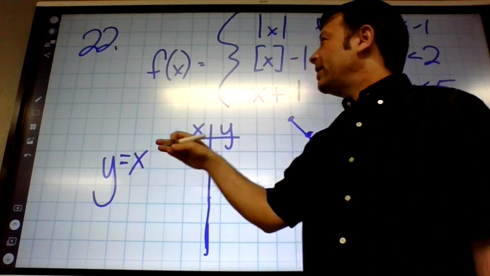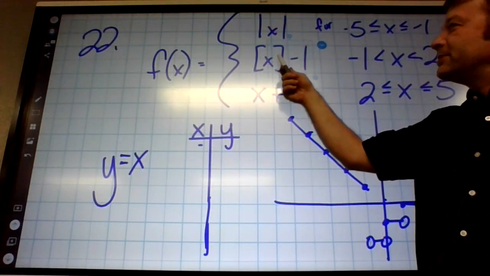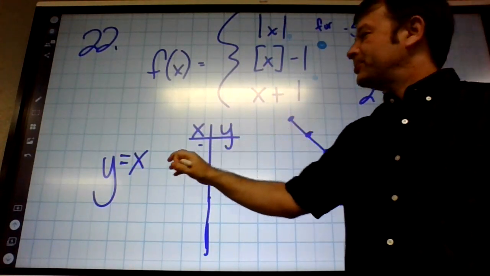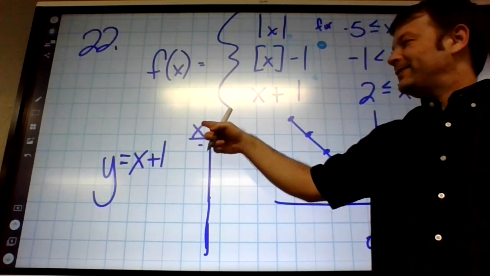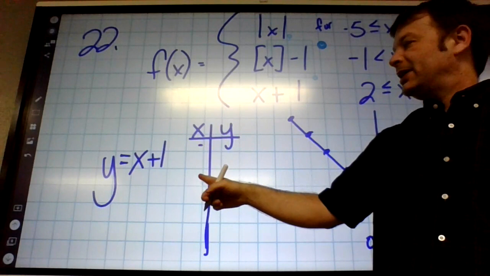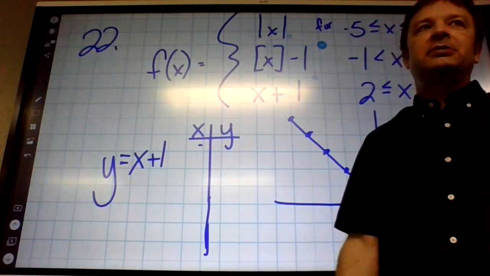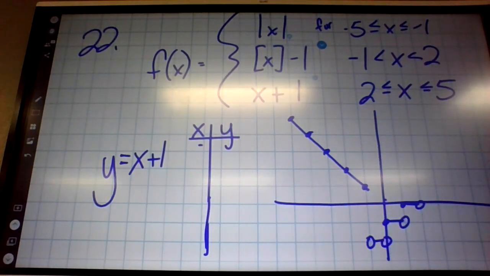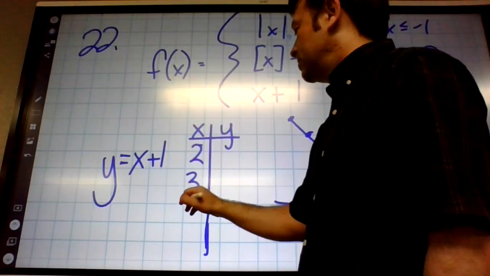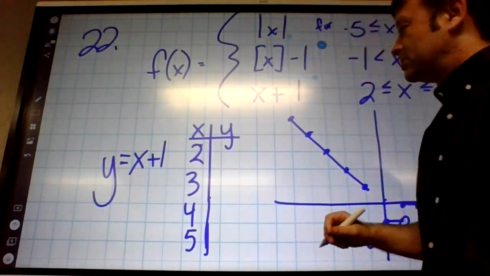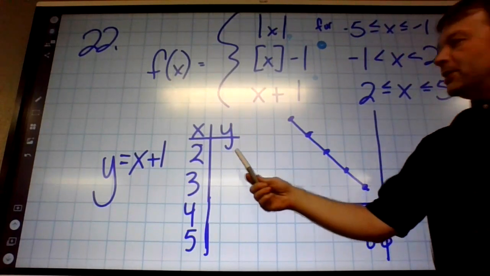Okay, we just graphed these two, so we're on this one, x plus 1. What would be some good x values to go right here? 2 to 5, yes, good. And then I'm just gonna plug these in.